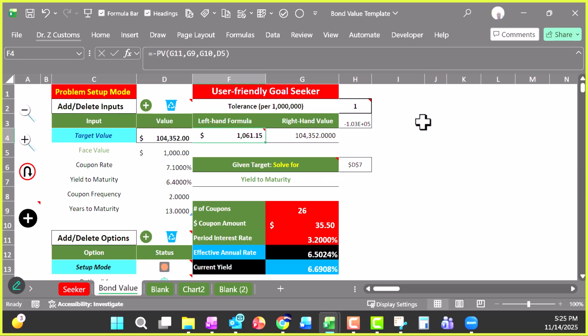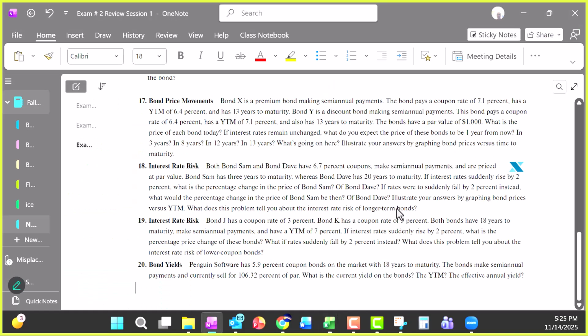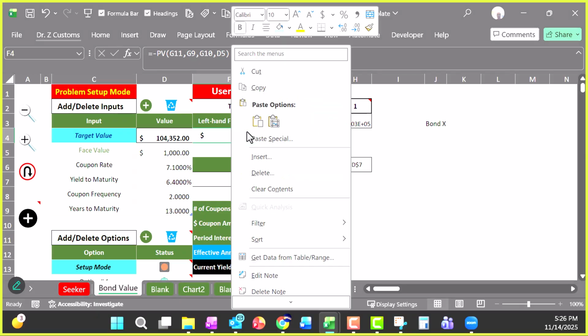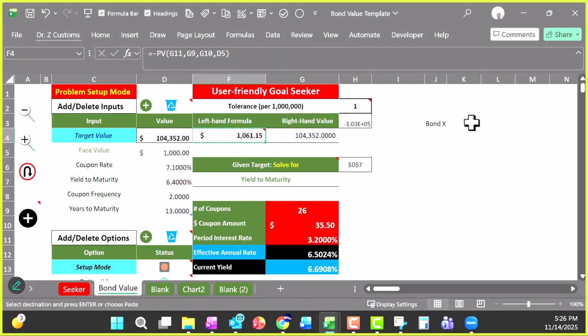So we pretty much read it off of there. So this is on X, because it's going to ask some related questions. So let's copy that price and paste the value.